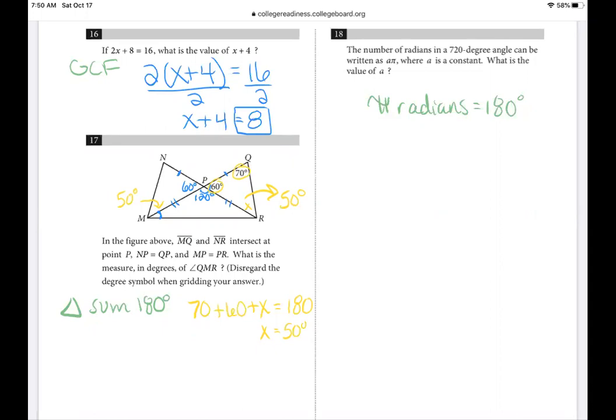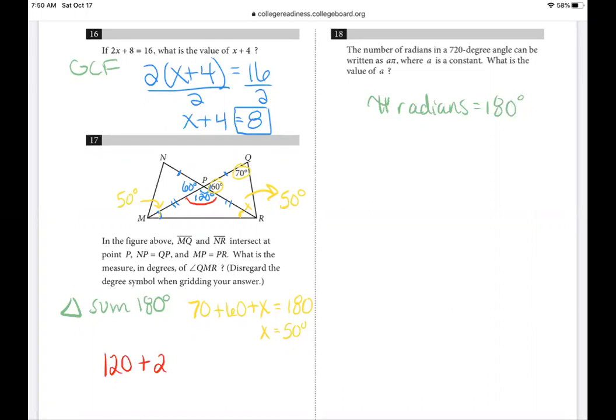And then we can conclude that PRM is going to be equivalent to what we're trying to find, which is our QMR. And if we already know that this angle up here is 120, then we have 120 plus our two other angles.